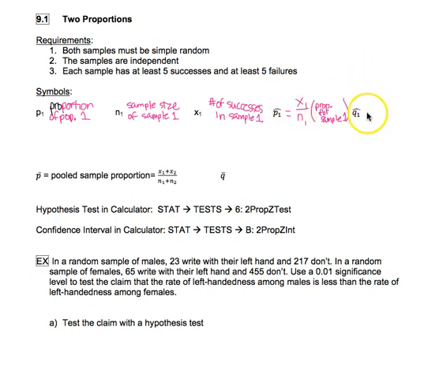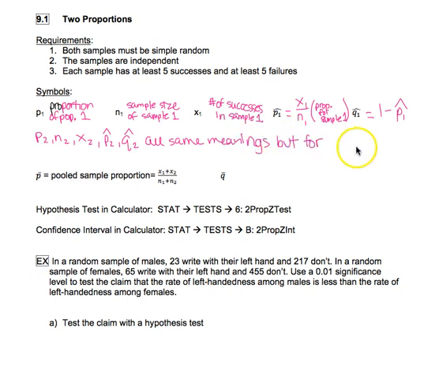We find Q sub 1 hat by doing 1 minus P sub 1 hat. Then we're also going to have P2, N2, X2, P sub 2 hat, Q sub 2 hat, all with the same meanings, but for population 2 and sample 2.